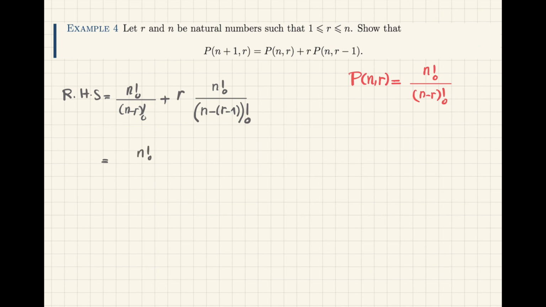For the first one, for the time being, let us not change anything. And for the other one, instead of writing r here, I can multiply it in the numerator, but be careful. You just have to write it this way. You just juxtapose them. You cannot do anything with that. But here, this minus sign, I can write as minus r plus 1. So this becomes (n minus r plus 1) factorial.